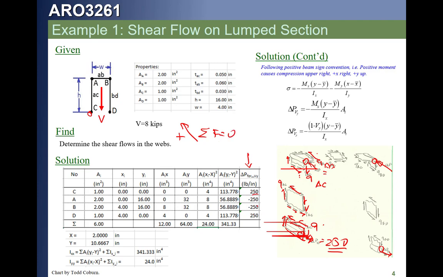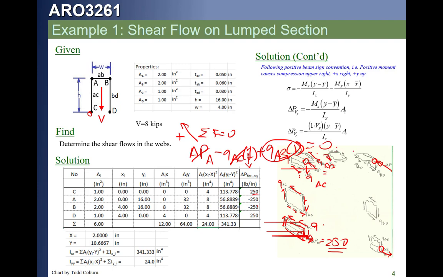That's got to be equal to 0. So we're going to have delta P at A minus QAC times 1 plus QAB times 1 equals 0. And with that, since this is 250 and this is 250, they cancel, and we find that the shear flow in web AB is 0.